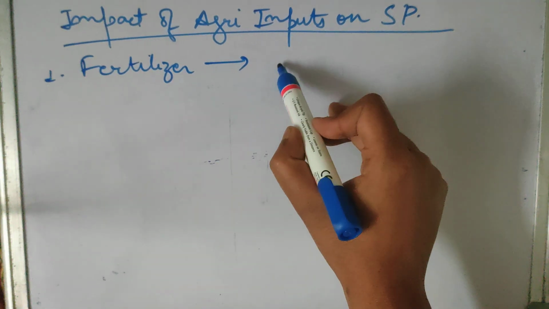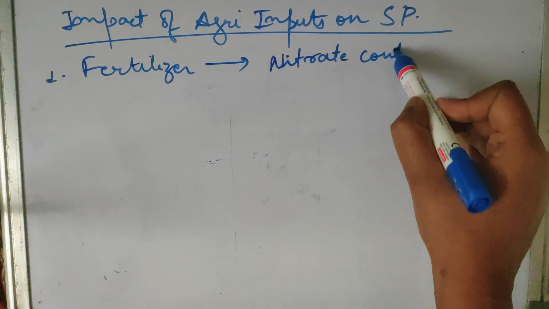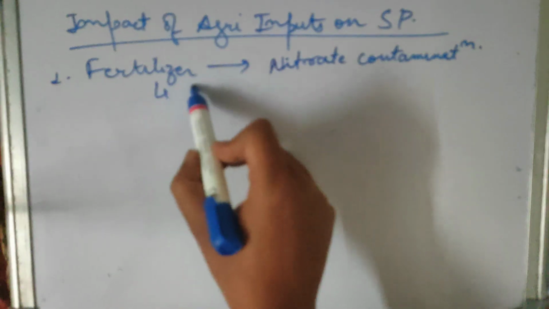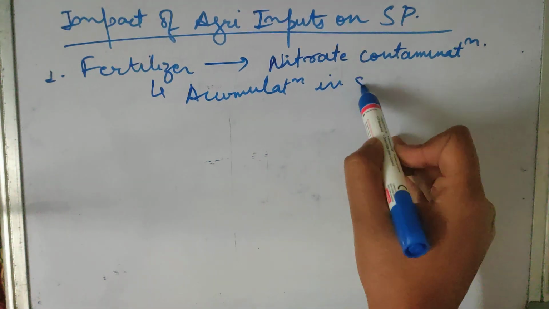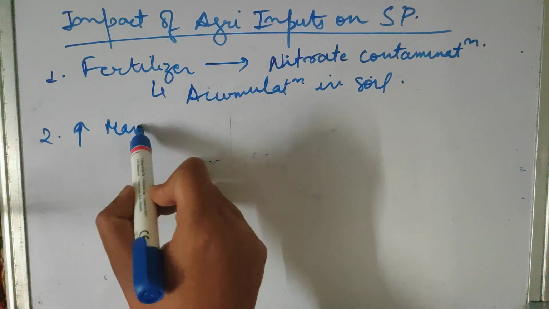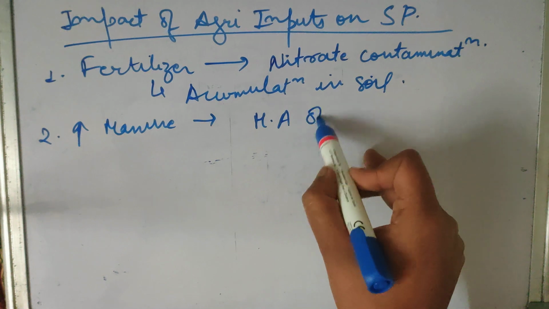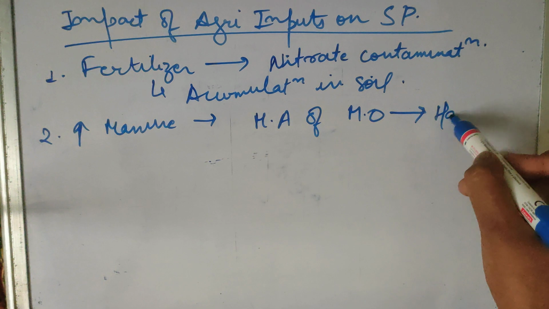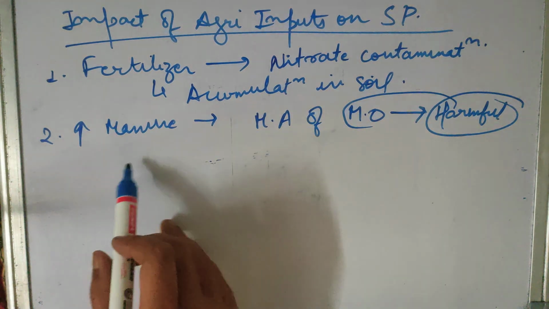They lead to nitrate contamination and accumulation in soil. They can accumulate in soil for longer periods. High use of manures also leads to soil pollution, as this can enhance microbial activity of some harmful microorganisms, which can multiply due to high use of manures.